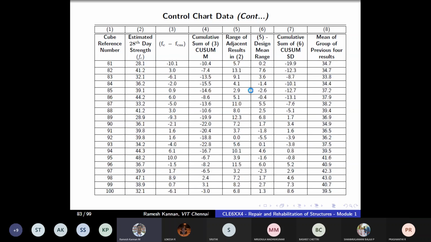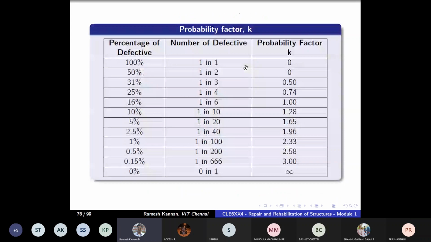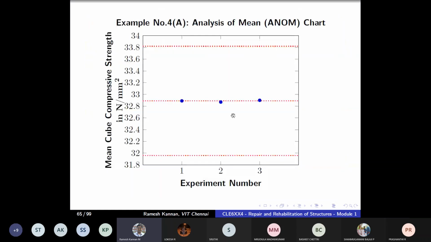And this is the whole data, and this is a very interesting thing. It's a skewed control chart, and you remember this particular control chart is pretty much used with the ANOM, the analysis of means chart. So we talk about the upper control limit, we talk about the lower control limit.